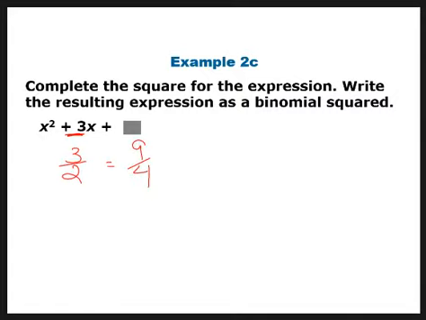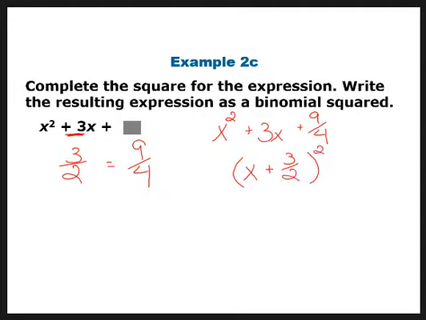I'm going to get 9 over 4. So 9 over 4 is the number that goes right there, that completes my square. If I were to factor this, x plus whatever half of my b term is would be the thing in the square of my binomial.